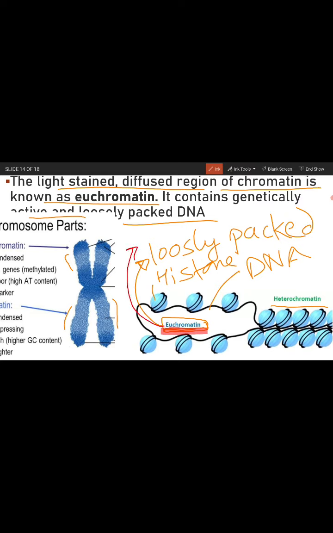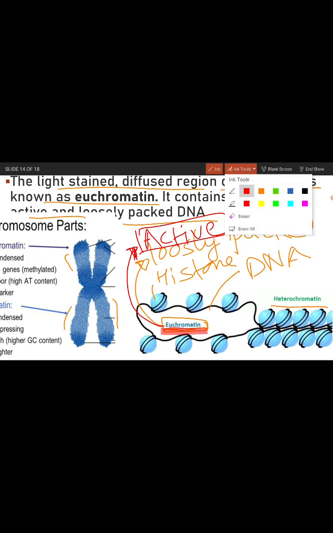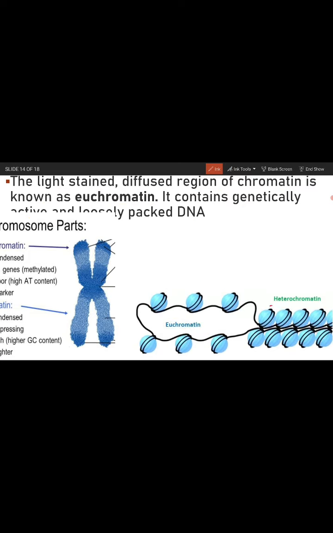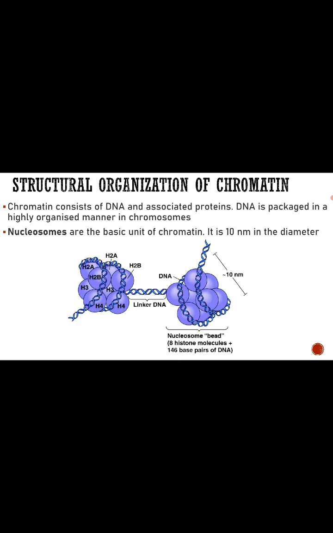The genes in the euchromatin are active genes. On the other hand, if we talk about heterochromatin, you can see they are compact and they are not active genes. So that's about euchromatin and heterochromatin.